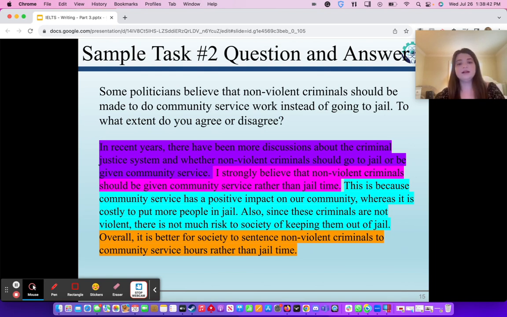Your thesis could be that you think it's better for nonviolent criminals to also be given jail time as opposed to community service, right? Perhaps you're concerned that they won't take the community service seriously, or they're not very trustworthy workers because they already have committed crimes. So who knows if they're actually going to take their work seriously, all that kind of stuff, right? So there could be lots of reasons why someone might disagree with this perspective and might take the other perspective too, right? The point is, the point isn't, does your answer exactly line up with mine?